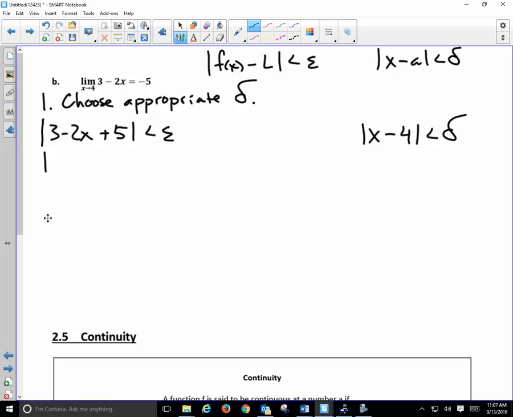So I have 8 minus 2x. What should I factor out? -2, right? We factor negative out, the absolute value becomes positive.